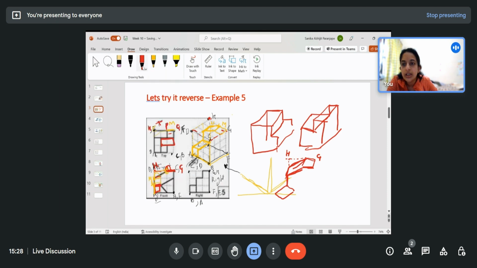From point G, I have to come till this point, which means in top view, this line is basically this axis, and this line is basically my second axis.